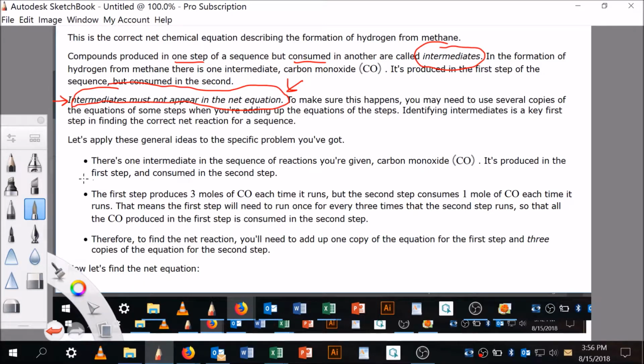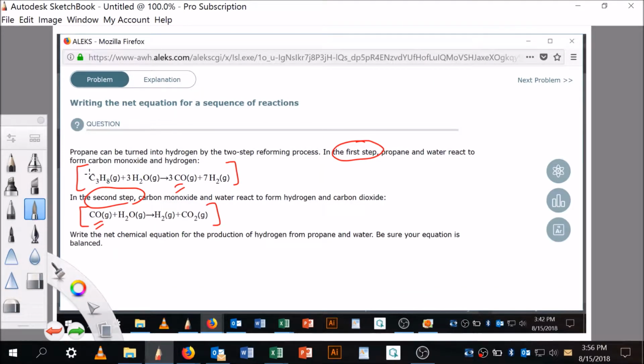So in this particular scenario, in order to make sure that this intermediate does not appear in the equation, we have to multiply this by 3. Aha! Oh, that makes the difference. Okay?